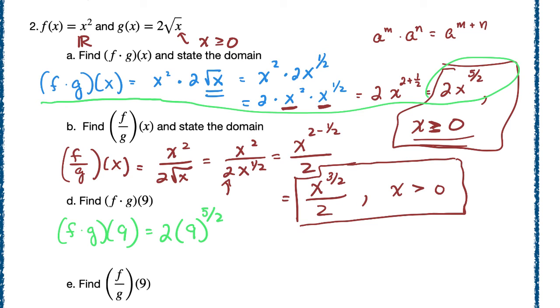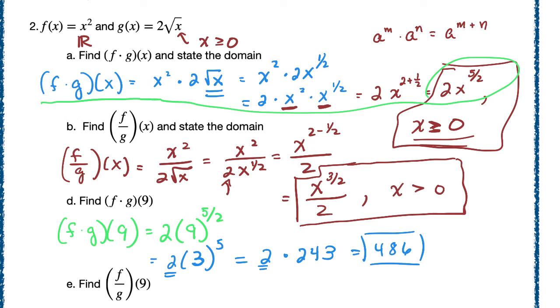So we're going to square root that 9, and that'll give us 2 times 3. Square root of 9 is 3, still to the 5th power. Let's go ahead and take 3 to the 5th power. I think that's 243. I still got the 2 out front. That's this 2 right there. And then I double everything, so I'm getting 486 if my math is correct.